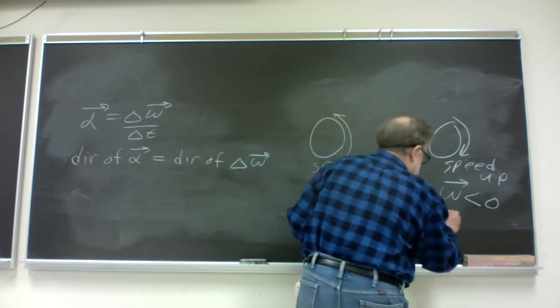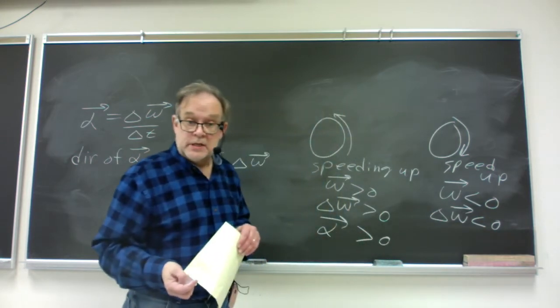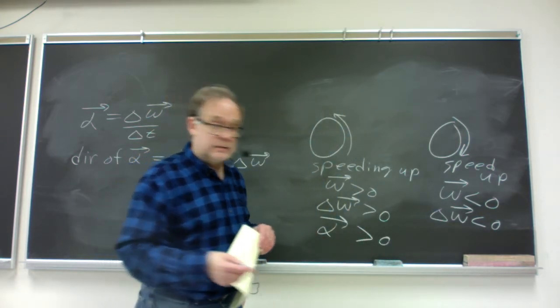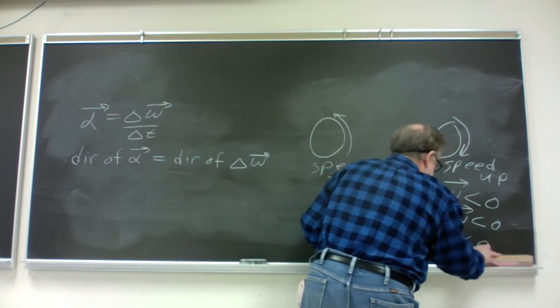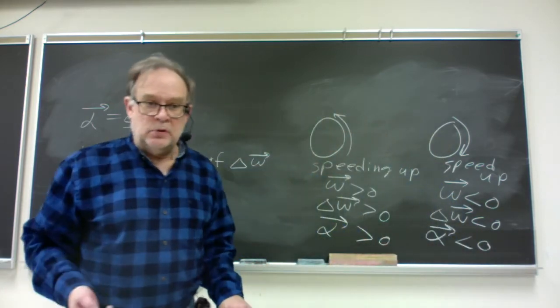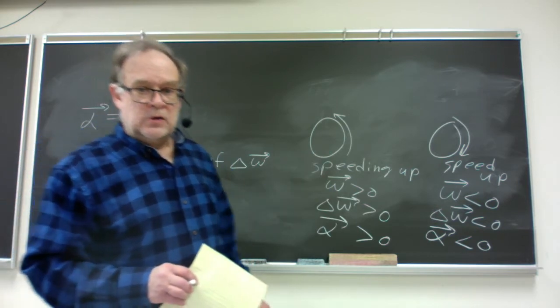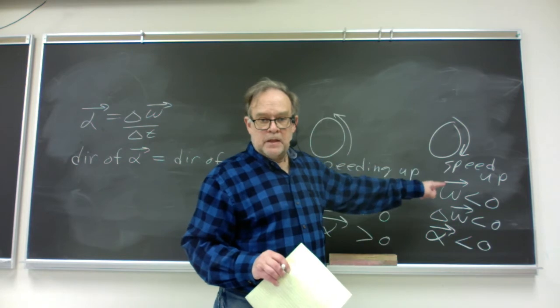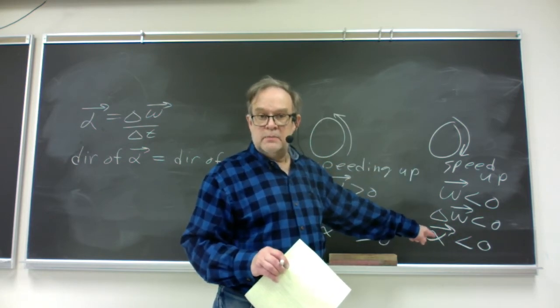The velocity added on is negative, and acceleration points the same way as the velocity added on. And again, we see another example of what we've already seen ever since August. When you're speeding up, velocity and acceleration point in the same direction.